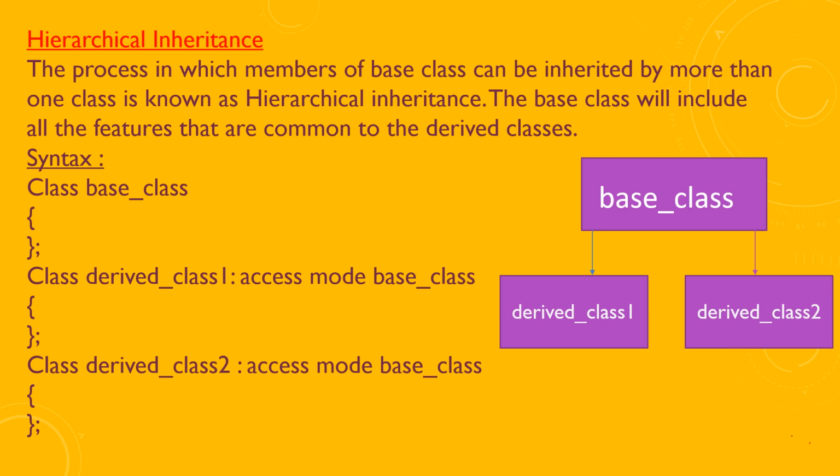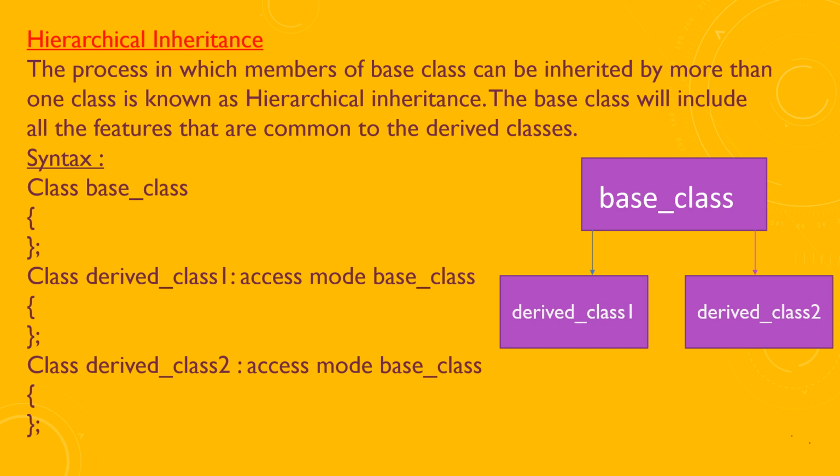This was multiple inheritance. And then next we have seen multi-level, in which one base class was there and one derived class was there, and from the derived class again one new derived class was there. Okay, so now finally we are going to see what is happening in hierarchical inheritance.